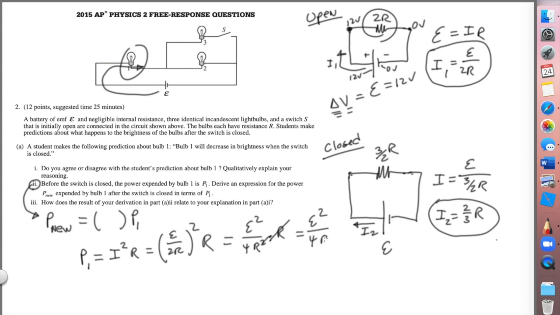Let's put a circle around this. This is P1, which is the power of bulb 1 with the switch open.